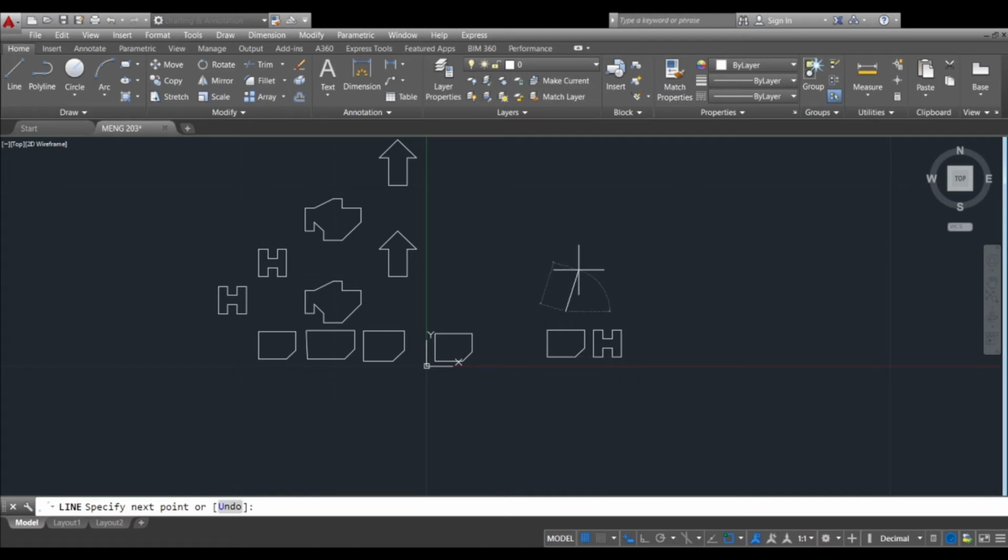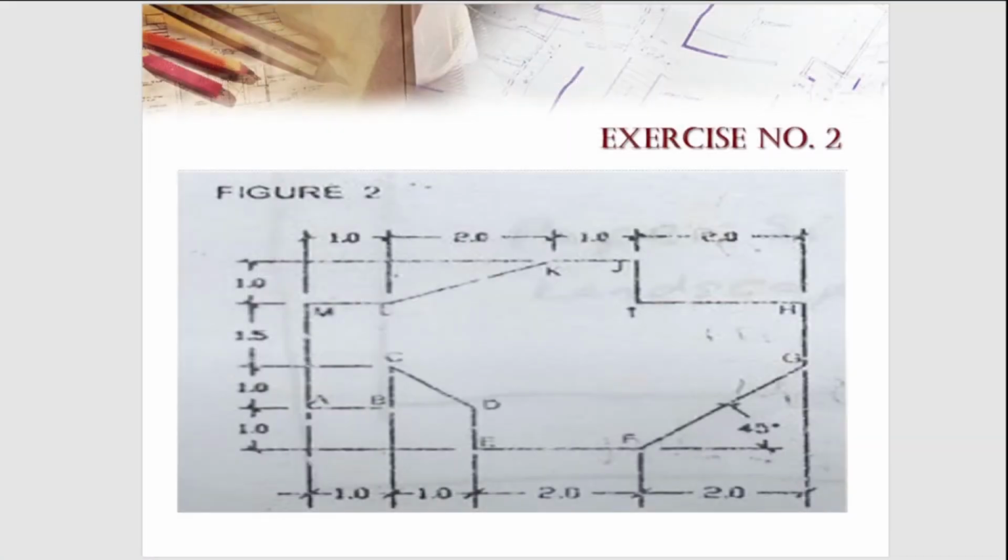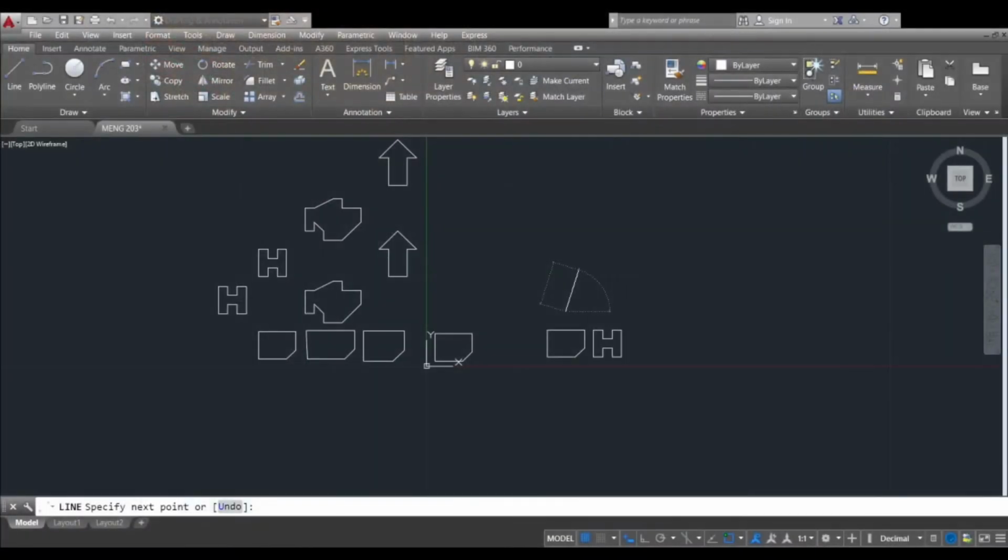Okay, so that is the first location of our first point, the point A. So let's go back to the figure. Going to point B, we have 1 unit to the right, so that is 0 degrees, right? So at 1 angle 0.